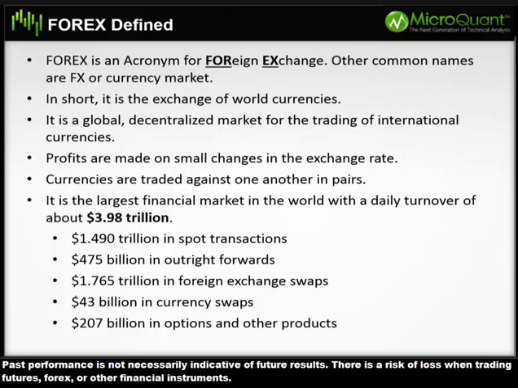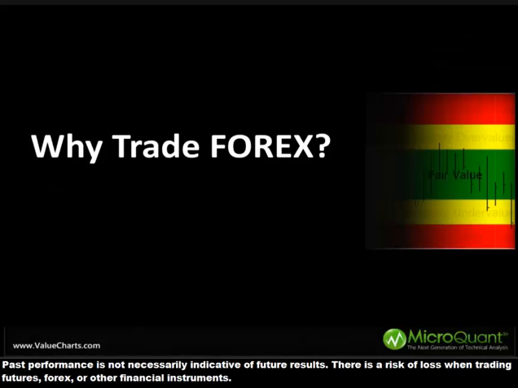This really does trump most other exchanges by tenfold and 20-fold, and even combining them, such as the futures market, which only has right around 400 billion in daily turnover. You can combine the futures and the New York Stock Exchange and many others, and it still won't be anywhere near the size of the Forex market. So it is quite big.